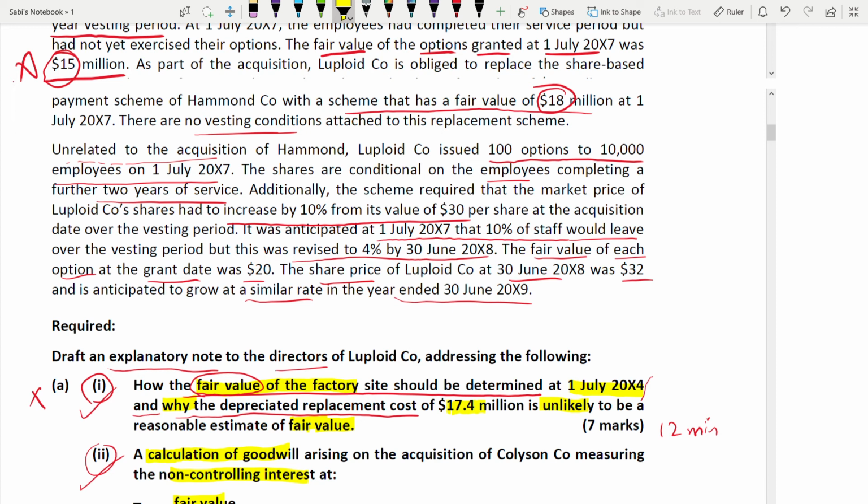Another thing is, what is the fair value? When you take fair value, you have to take the fair value at the grant date. So the fair value of each option at the grant date was 20. This is important. Only at the grant date you have to take.